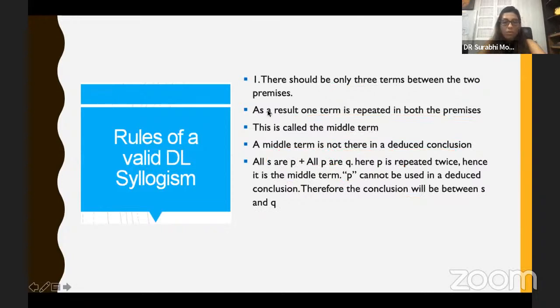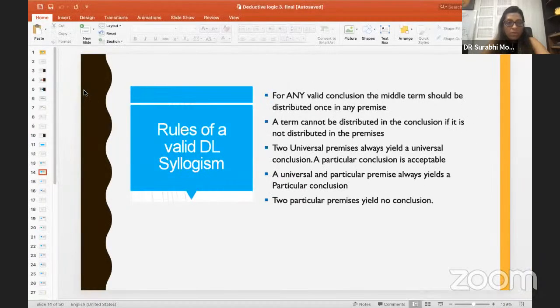Now, let's quickly understand if you have understood the concept of the middle term. And then we will come back to this. So I'm going to give you some questions to understand whether you know or understand what the middle term is.